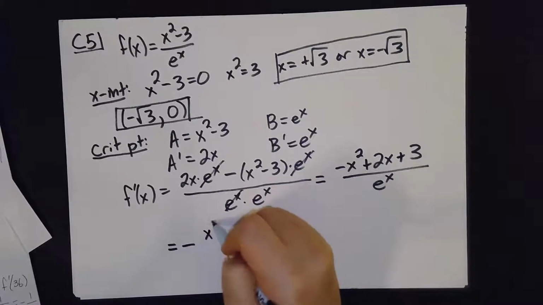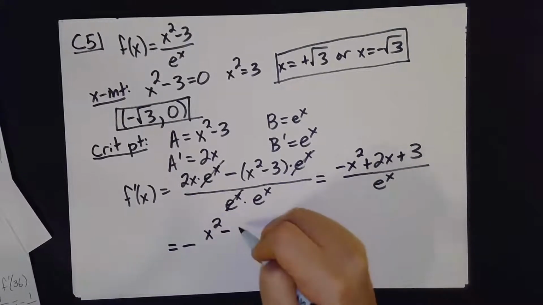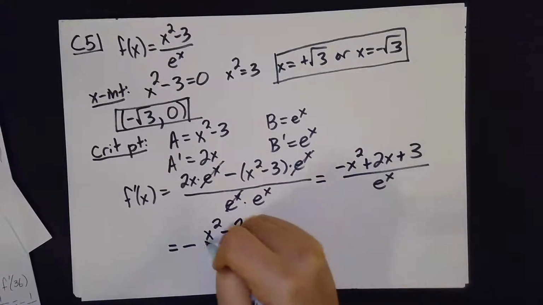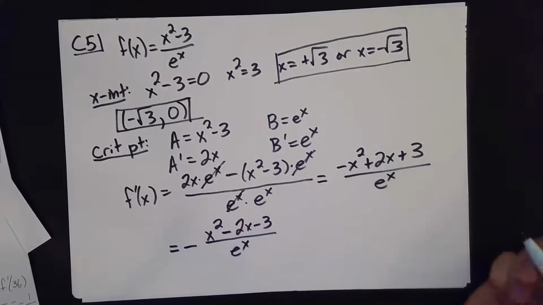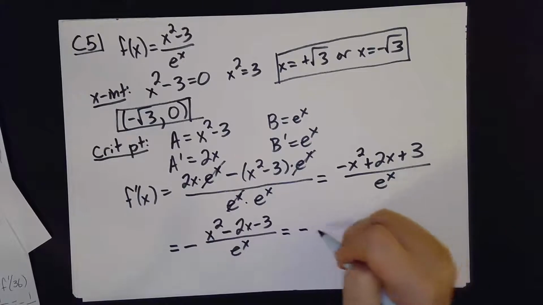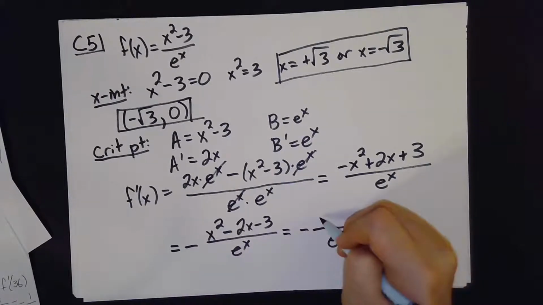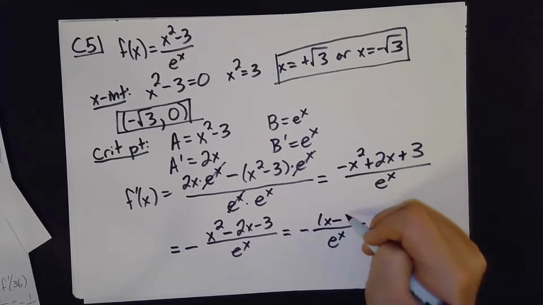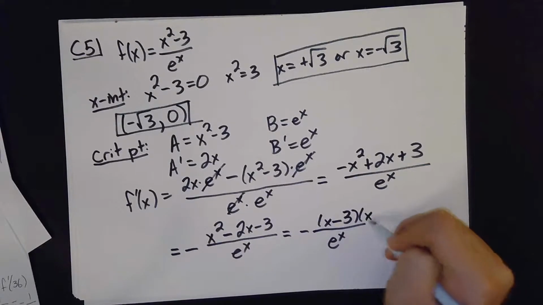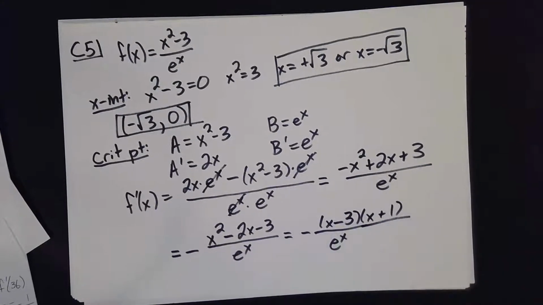If I factor the minus out front, I get the x minus 3 times x plus 1.